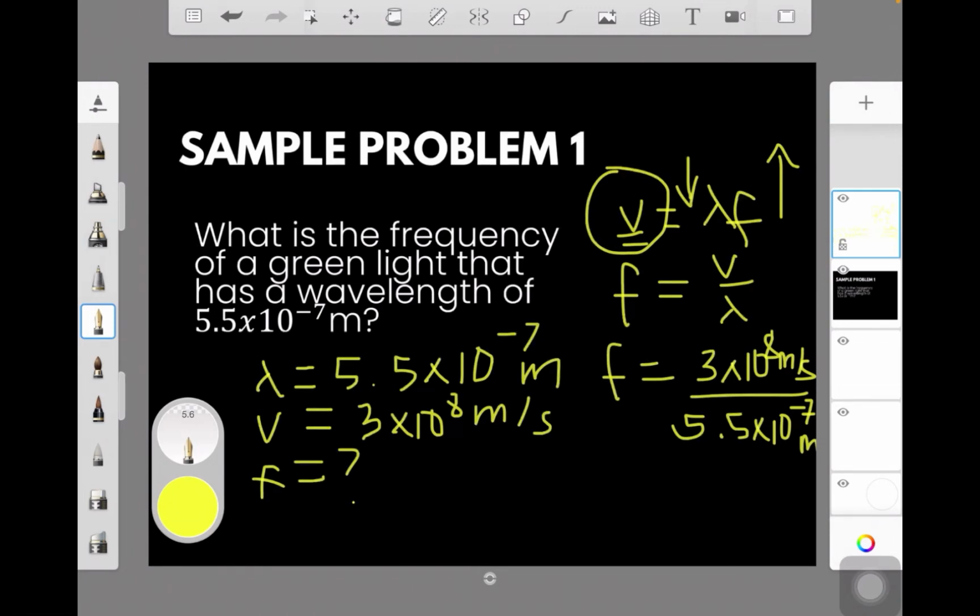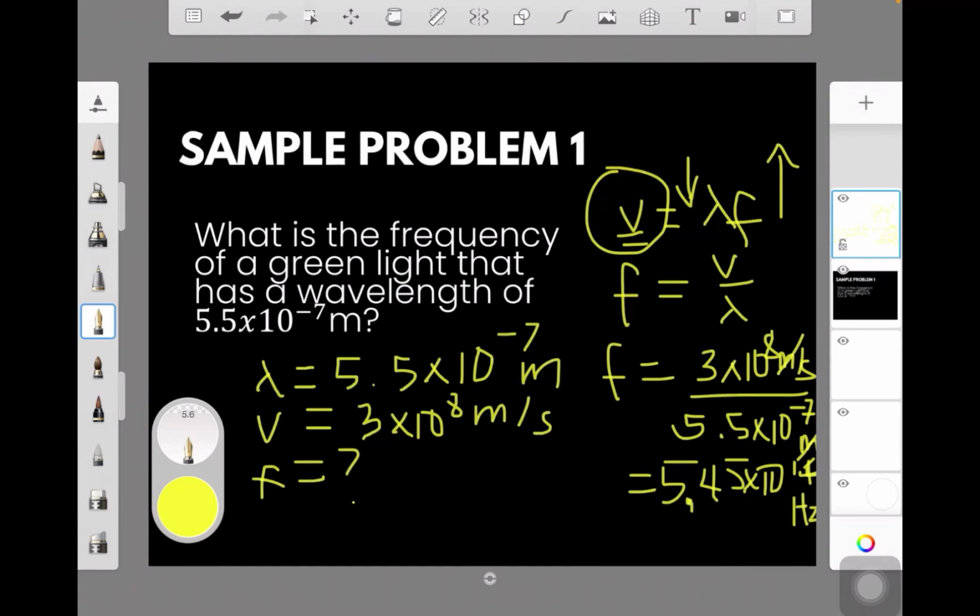For the units, we will cancel out meters and we will be left with 1 per second as the unit, right? So if you input this to your calculators, it will evaluate this. You will get 5.45. So this is 5.45 times 10 raised to 14. So raised to 14, this is per second, which is again equivalent to hertz.